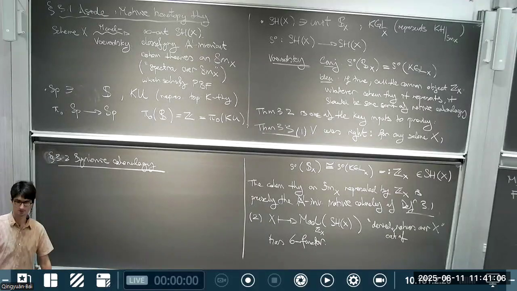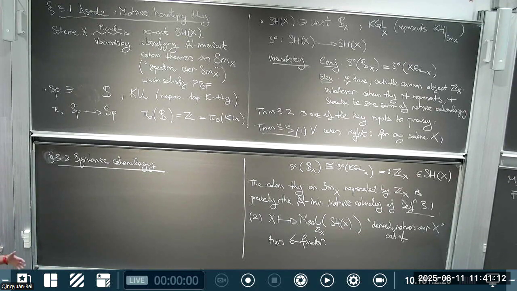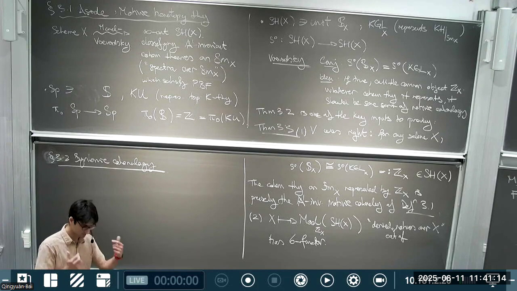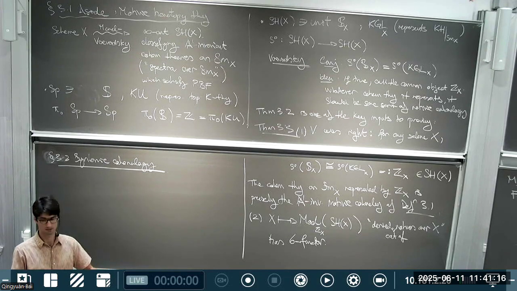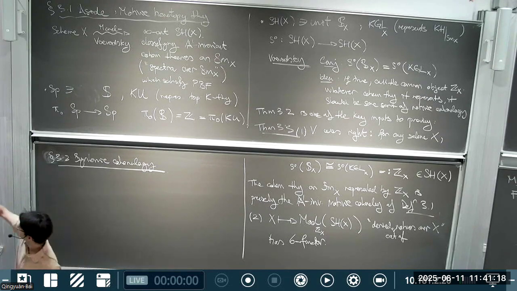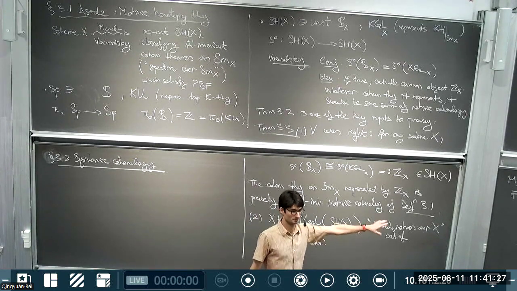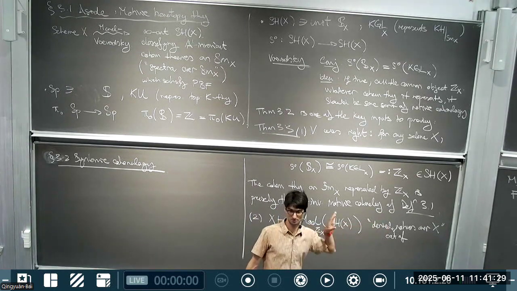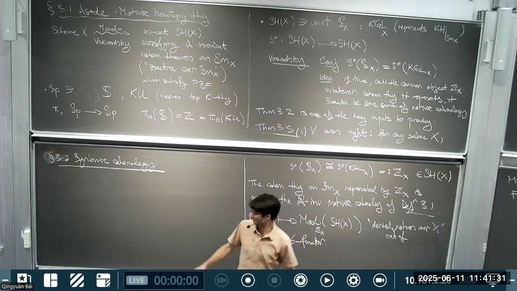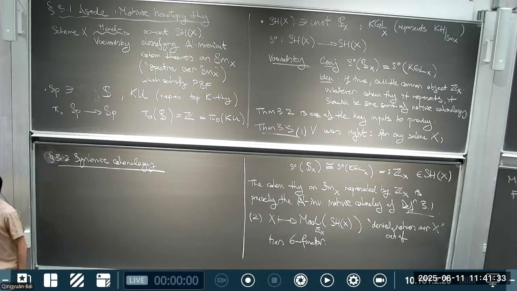So why do I care about syntomic homology? Why is it appearing? Because we saw way back in Theorem 1.1 that in the smooth case, motivic homology with finite coefficients is controlled by some truncation in syntomic homology. So in fact, I need to understand what this process does to syntomic homology if I want to prove such a theorem with finite coefficients. But in fact, that's all I want to do, because rationally, everything here splits.